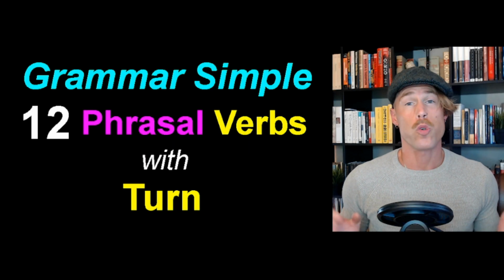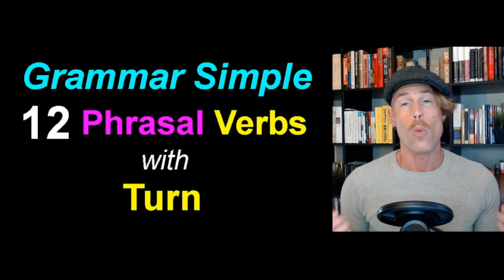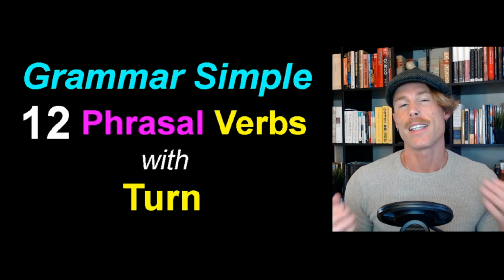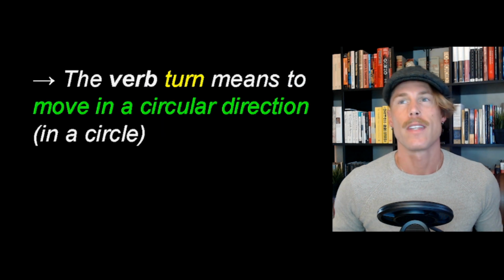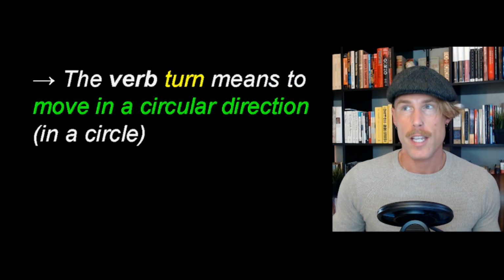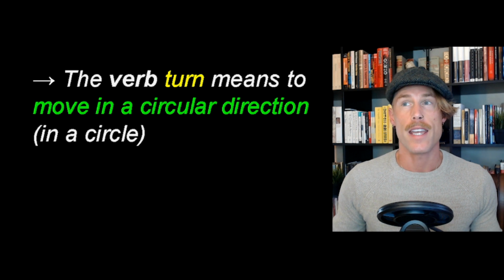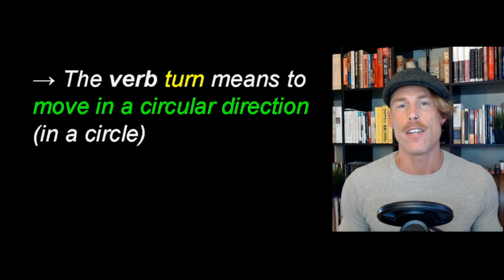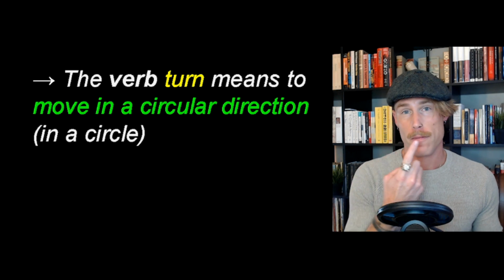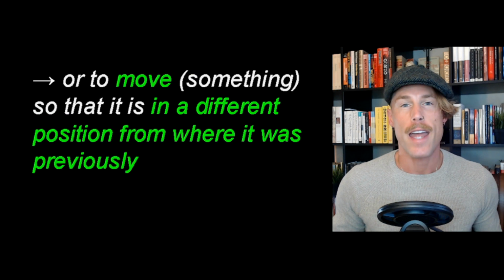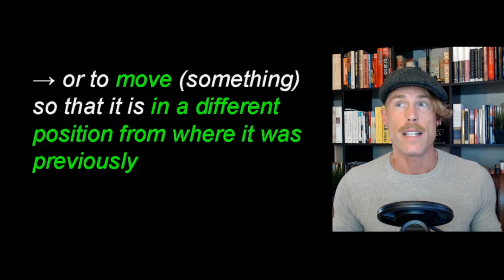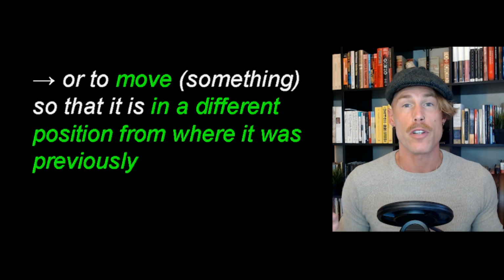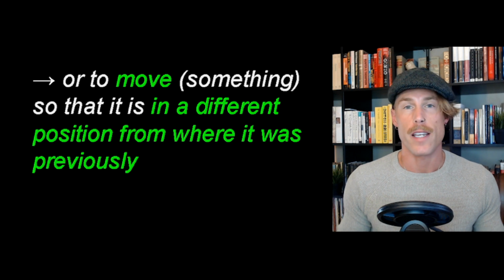Okay, 12 phrasal verbs with turn. Let's get started. The verb turn means to move in a circular direction. This means in a circle. Turn, right? And it also means to move something so that it is in a different position from where it was previously.